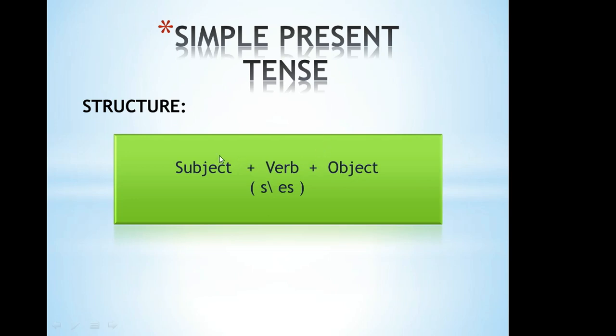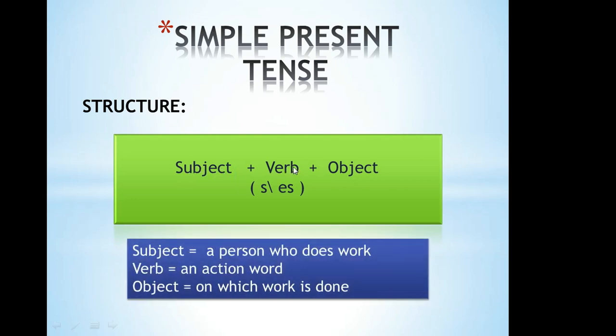And what is subject? Subject is a doer. A person who does work is called a subject. And what is verb? Verb is an action word on which the action is done. For example, jump, sleep, write, these all are action words. The words which show some action, they are called verbs. And object is on which the work is done.